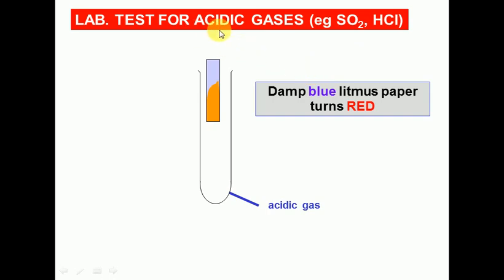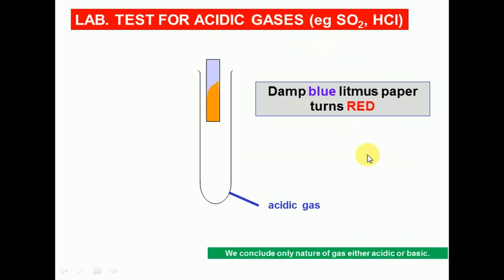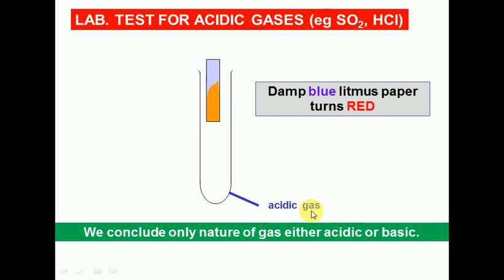For the detection of acidic gases, again we require two litmus papers, and when we hold these two litmus papers one by one above the mouth of test tube, as soon as gases are evolved, there is no any action on red litmus paper, but blue litmus paper turns red as gases are acidic in nature. From this test, we conclude only nature of gas, either acidic or basic.